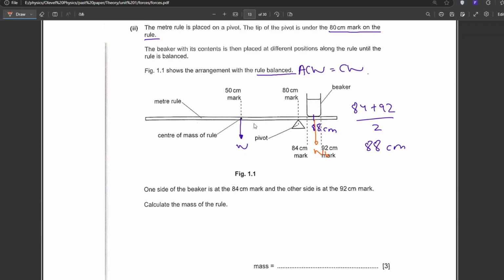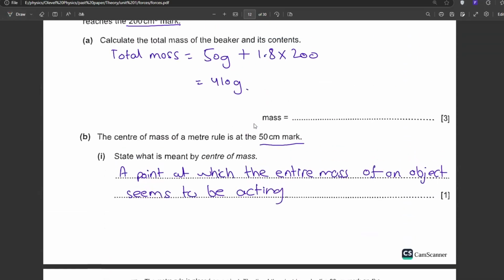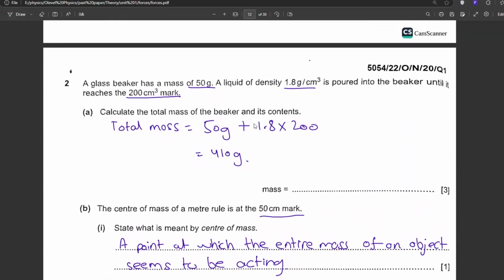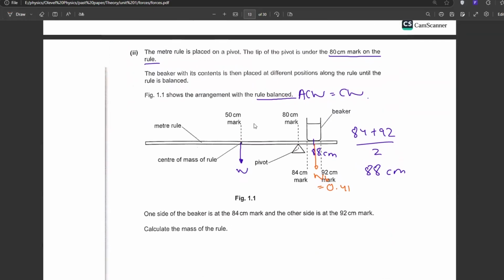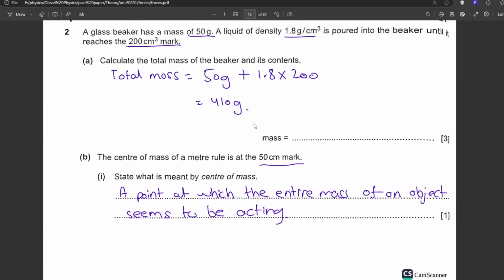First of all, what is the weight of the beaker and its content? The total mass of the beaker and its content is 410 grams. So the weight of the beaker will be 0.41 times... are we given any value of gravitational field strength? Let me see.